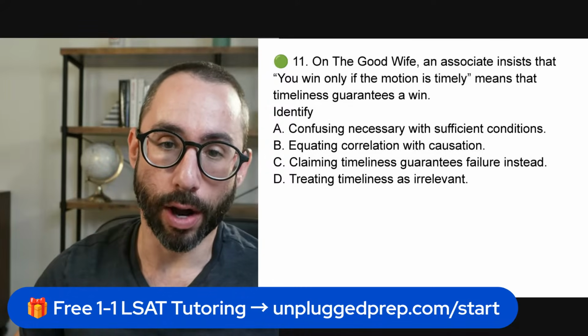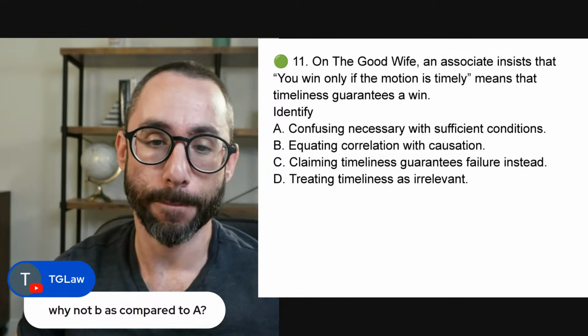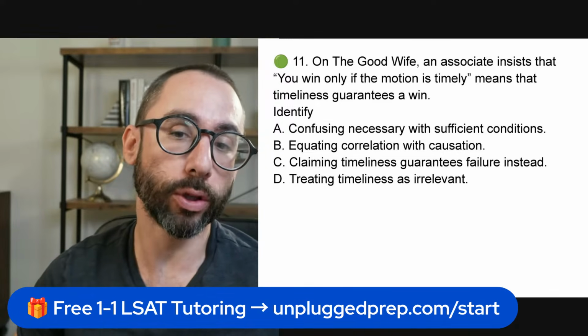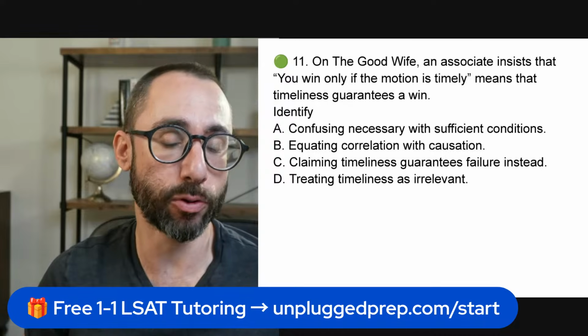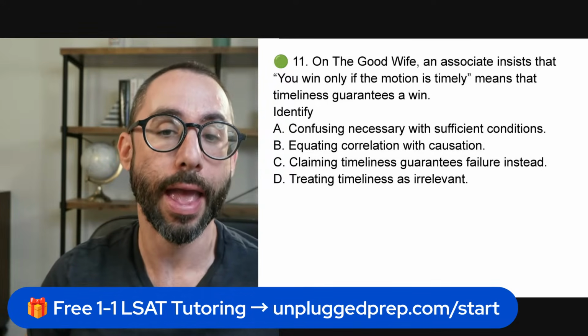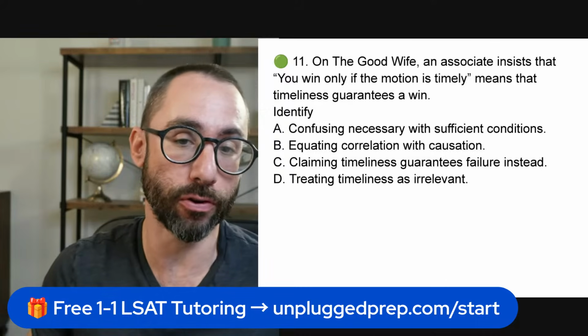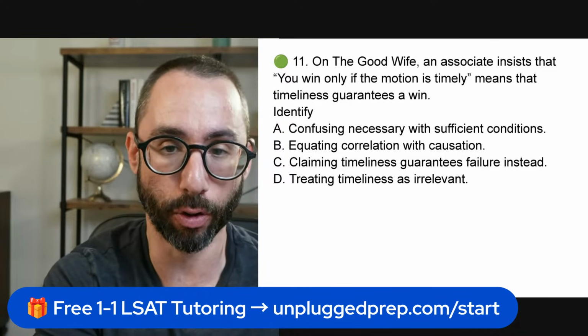Now, TG Law asks, why not B compared to A? So why not correlation causation? Because correlation causation is something different. Correlation causation would be saying we have an association between two things, nothing more. There is a relationship between the two. And so that means that because there is an association between them, one must therefore cause the other.